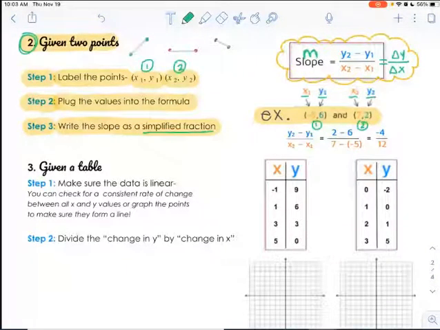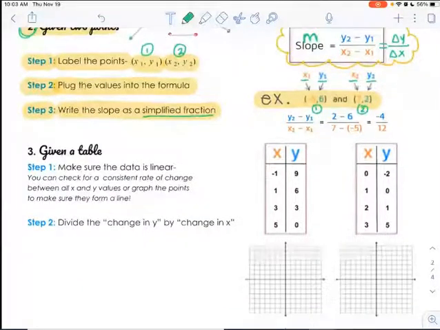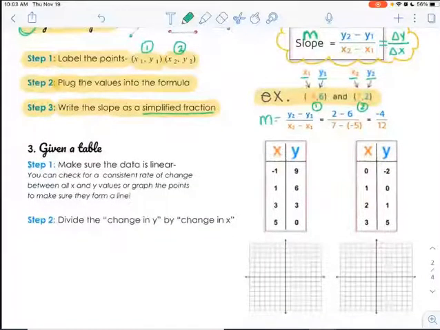Once we have them labeled, we're just going to plug those values into the formula. Remember, the formula is m equals, slope equals, y2 minus y1 divided by x2 minus x1. So besides labeling, another strategy that I want you to use for now, it's going to be a mandatory strategy as we get going.